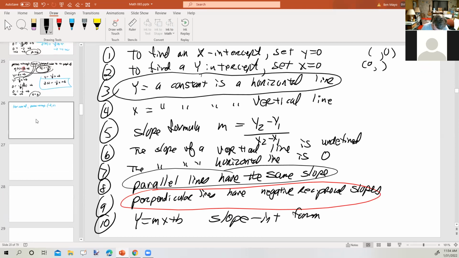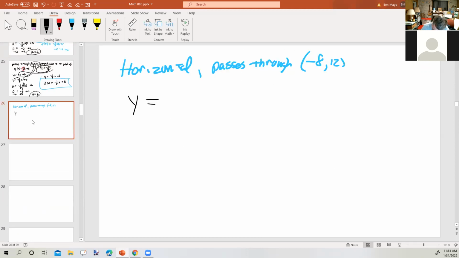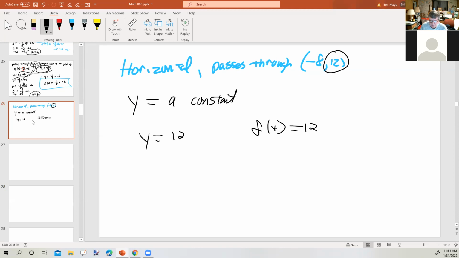Since it's a horizontal line, it's got to be in the form of y equals a constant. But the only y value we have is 12. So y equals 12, or as a function, f(x) equals 12. Any questions about that one? That's one of those problems that takes 30 seconds if you know your stuff and 5 years if you don't. Okay, hopefully you'll know your stuff.